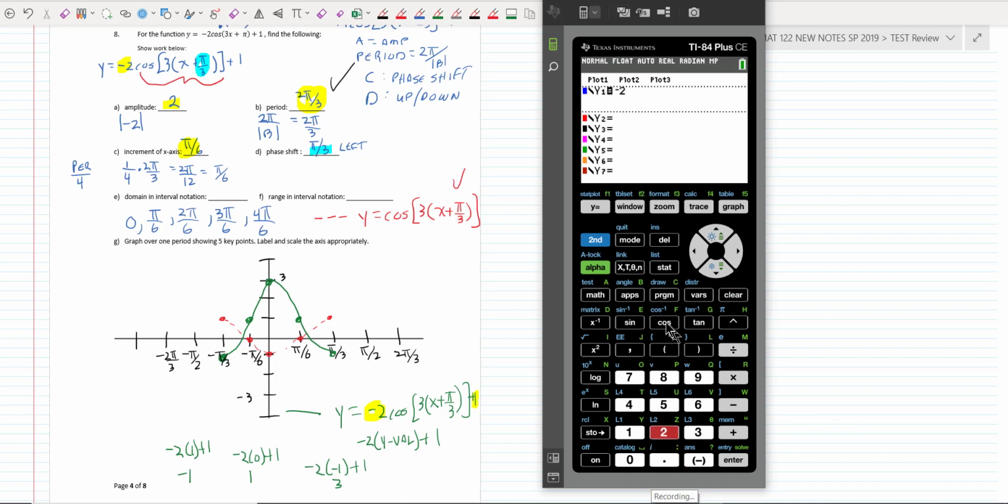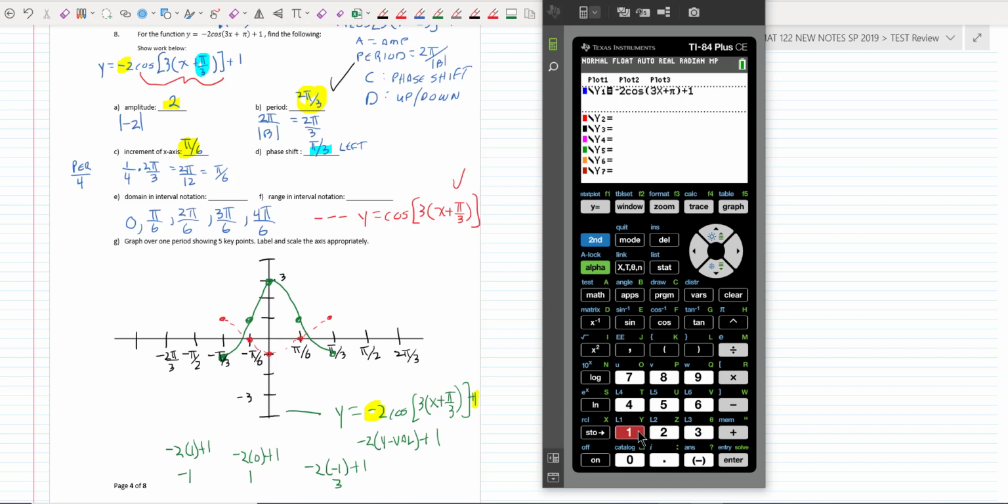So we have negative 2 cosine 3 parentheses, and you could put it in the original form. I would even recommend that you put in the original form just in case you made a mistake when you factored, so I would even recommend that. So negative 2 cosine 3x plus pi, close parentheses plus 1.